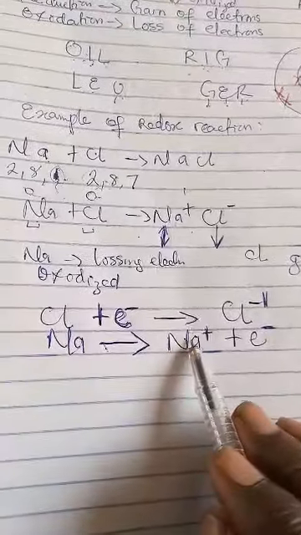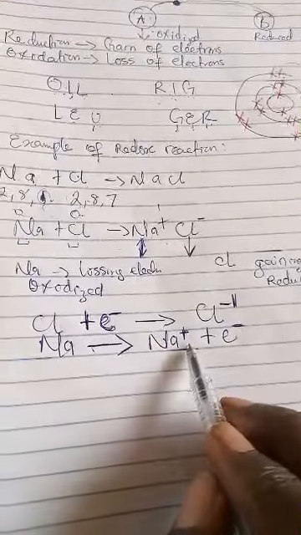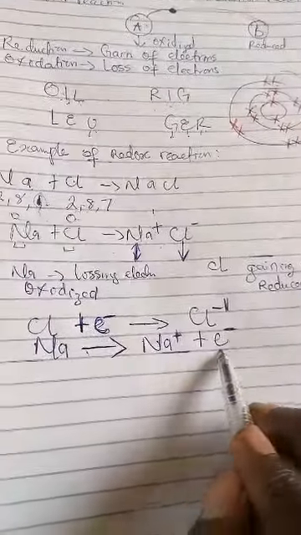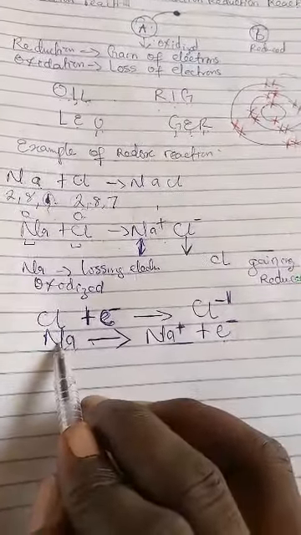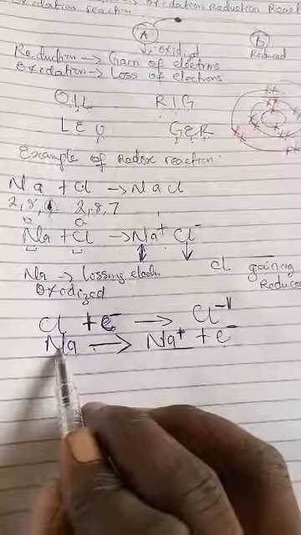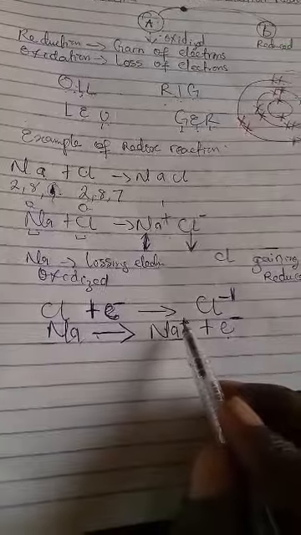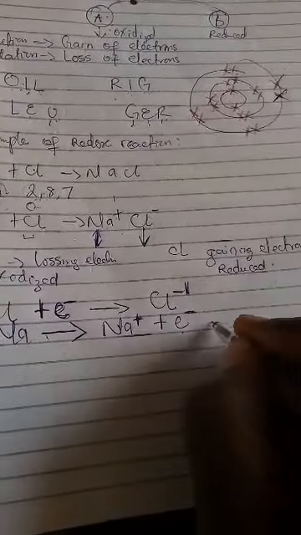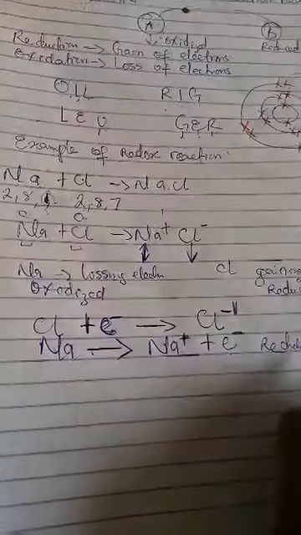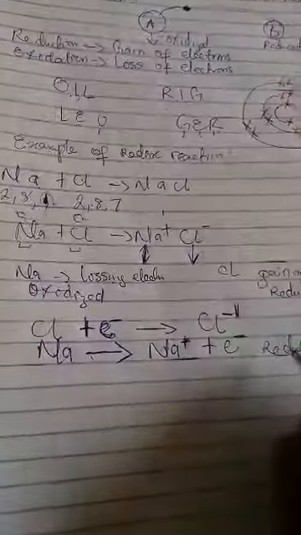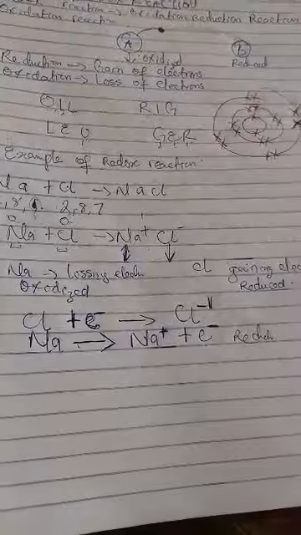That is, sodium has plus 1 extra electron. Then sodium needs to give out this electron for it to be neutral here. Sodium needs to give out the electron for the oxidation number to be increased. So this is the oxidation side.